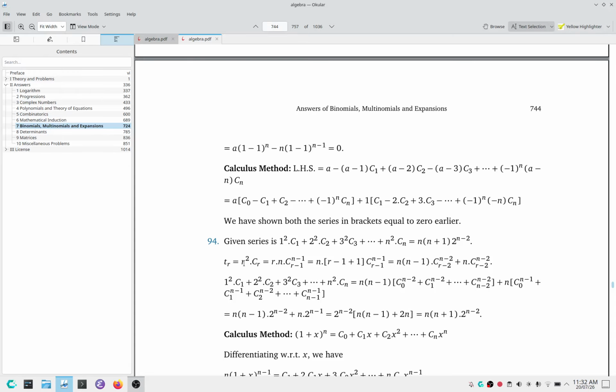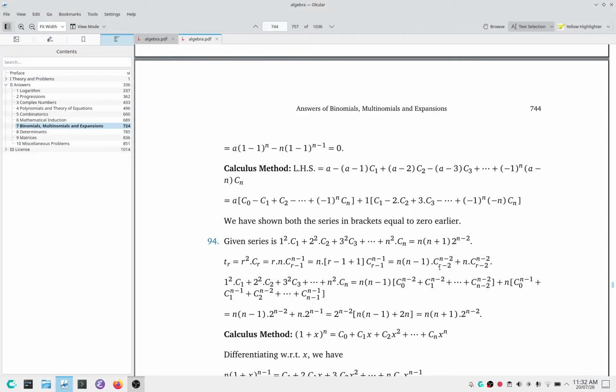Now we take tr, which is r squared times cr, which is equal to r times n times n minus 1 cr minus 1, which is equal to n times r minus 1 plus 1 times n minus 1 cr minus 1, which is equal to n times n minus 1 times n minus 2 cr minus 2 plus n times n minus 1 cr minus 1.